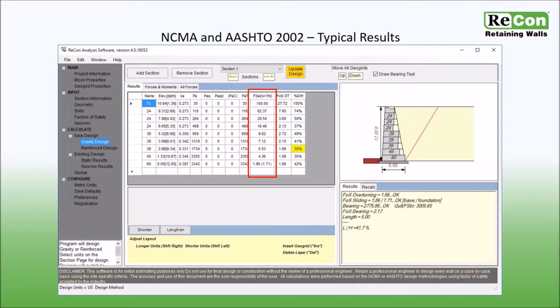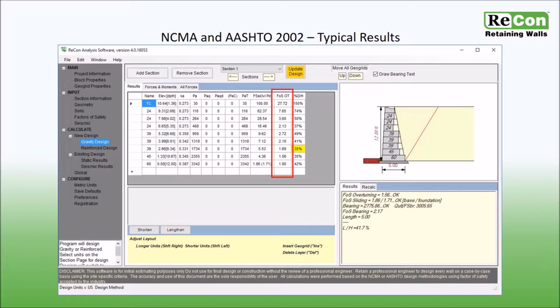The next column in the table is labeled FSSL. This is the factor of safety against sliding that is calculated at each block elevation. The bottom row of the table contains two numbers. The first is the factor of safety against sliding between the base block and the leveling pad material, and the number shown in parentheses is the factor of safety against sliding between the leveling pad material and the foundation soils.